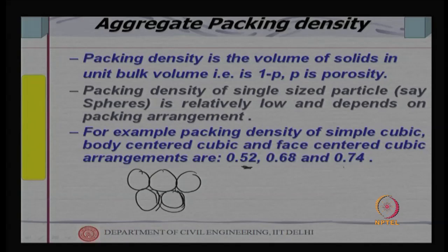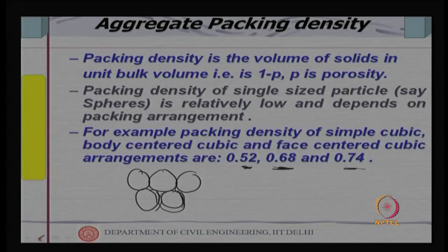So, depending upon the type of packing, for example, for body centered cubic arrangement it is like this, and for face centered cubic arrangement it is 0.74. So, it depends upon the packing and is independent of the size, because if you recall, the d cube got cancelled.